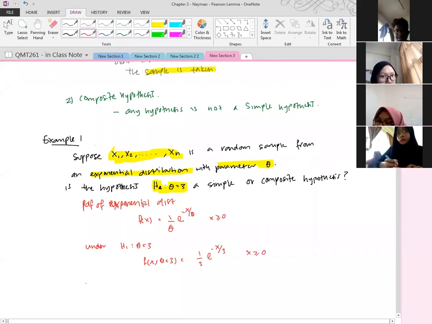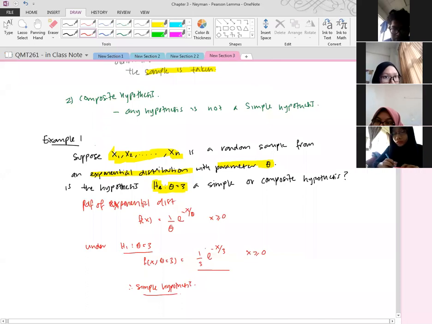Because we can uniquely specify the PDF under this hypothesis, we have no parameter left in the PDF. So this hypothesis is a simple hypothesis, right? We can specify all the values in the PDF.